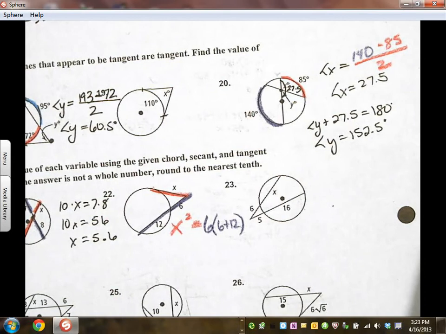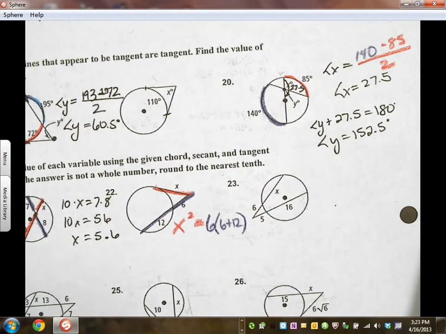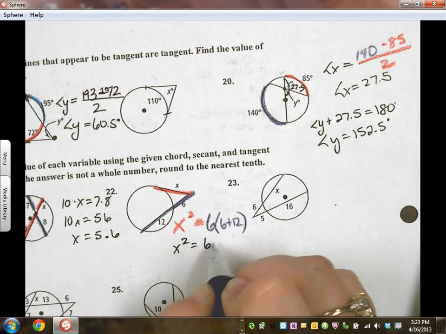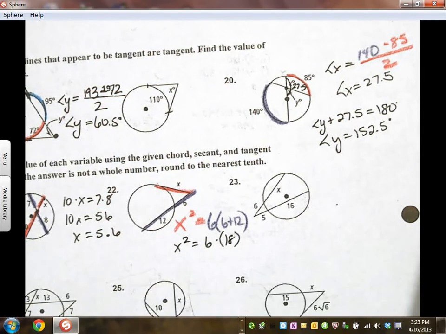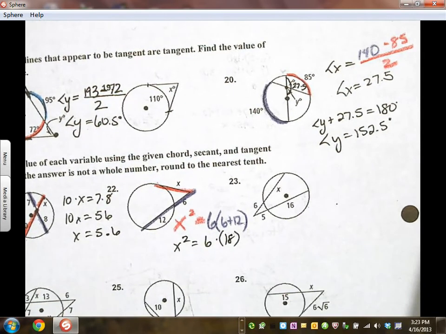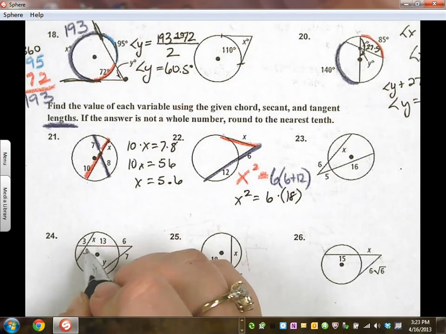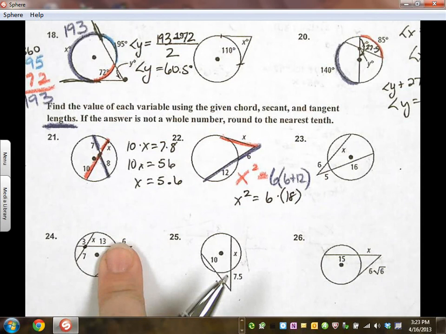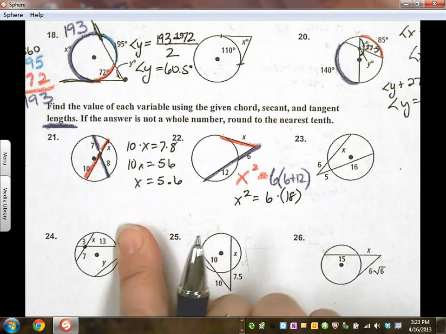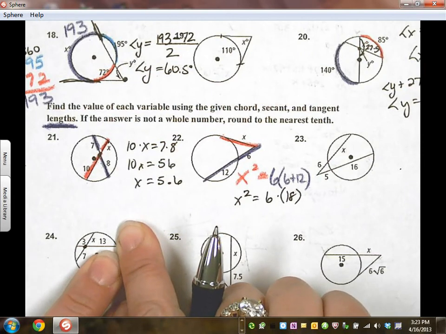And some of you can add that very quickly, and you'll know it's 6 times 18. And I'm not going to go from there. You can solve x at that point. These problems are all the same. Notice on this one, vertex is inside. So to find that x, you're multiplying the parts, okay? Just inside the circle. That's that problem right there.